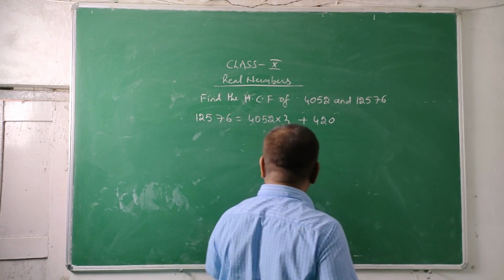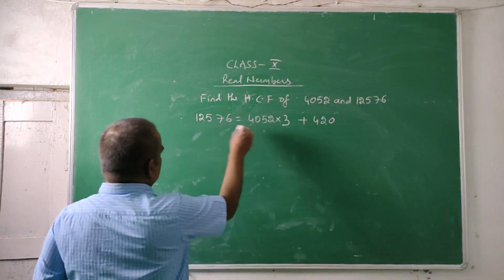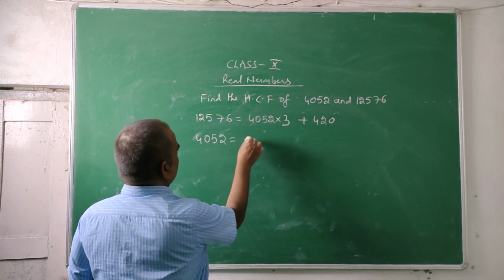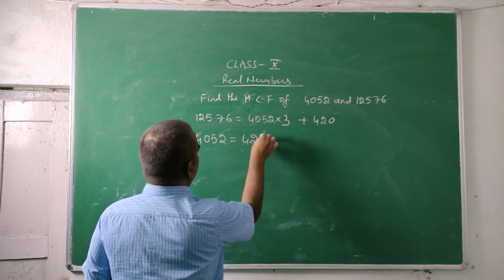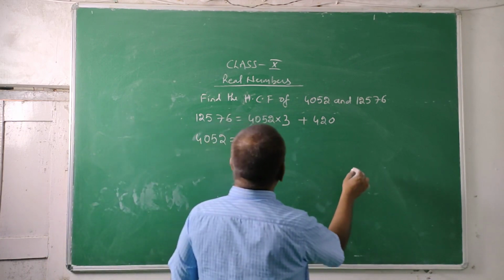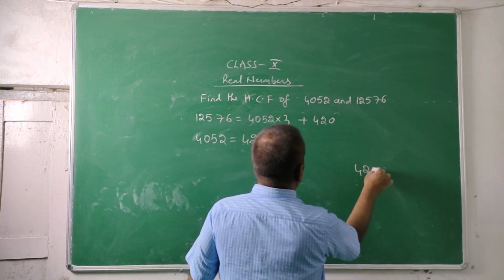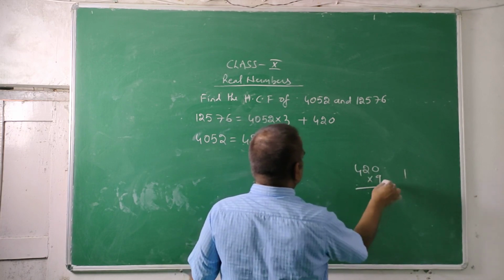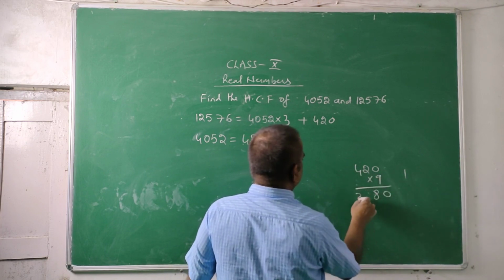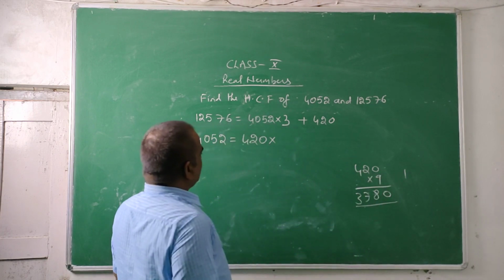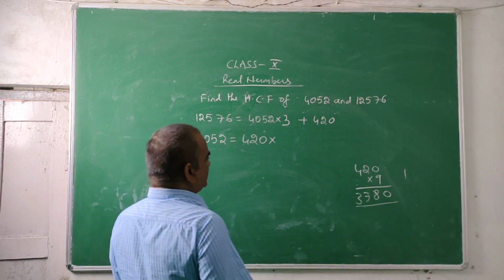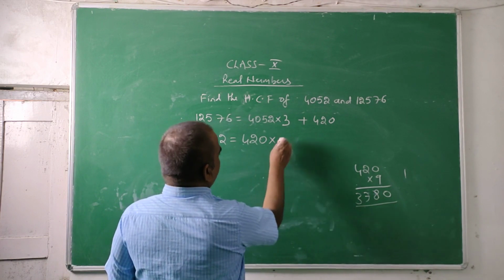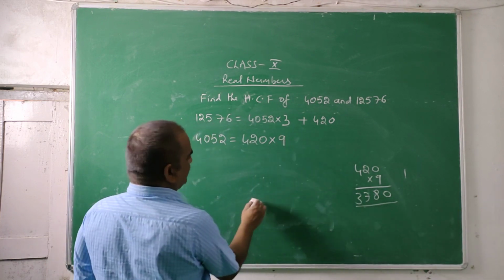Now 4,052 is equal to 420 into, let us see, 420 into 9, which is 3780, right?